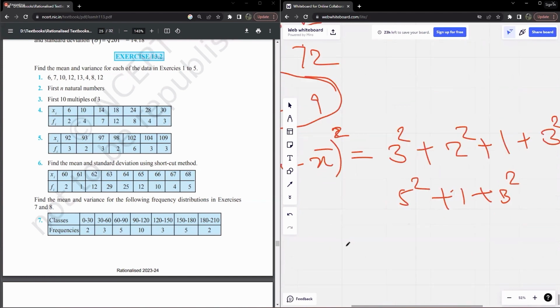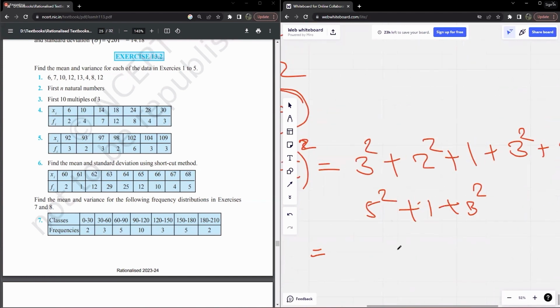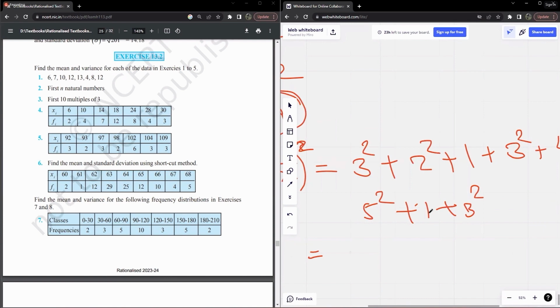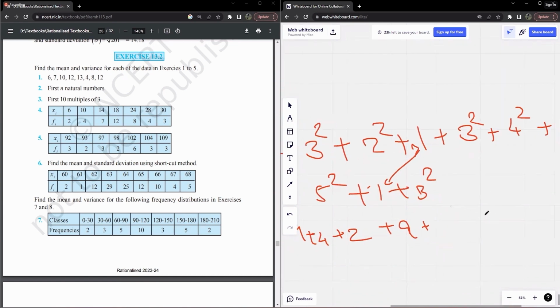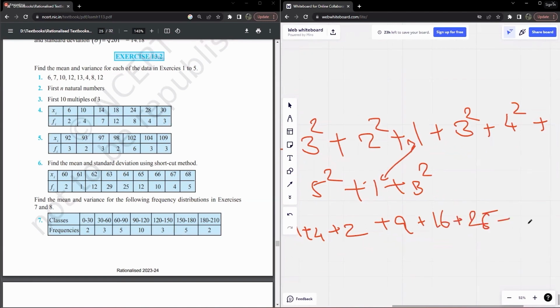which is 9 plus 4 plus 2. I'll club this and this, give a 2, plus 9 again, plus this is the 4 square, this is 16. Then you have a 25, and then you have a 9, right?